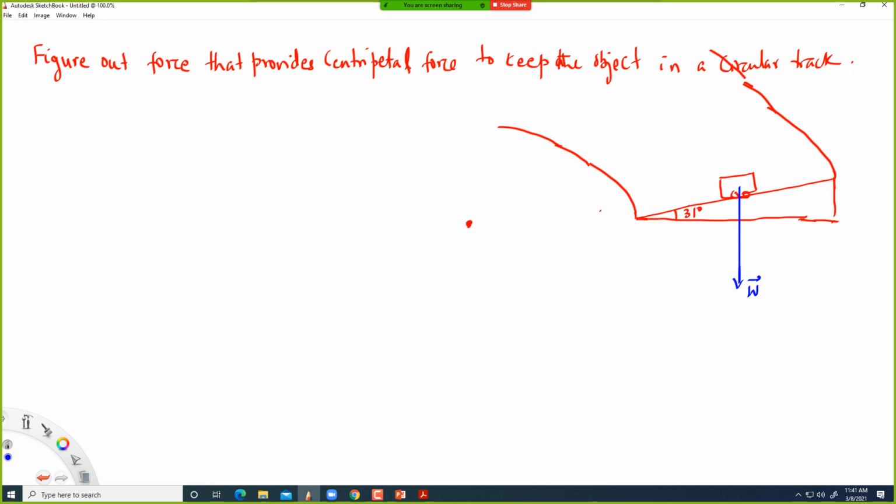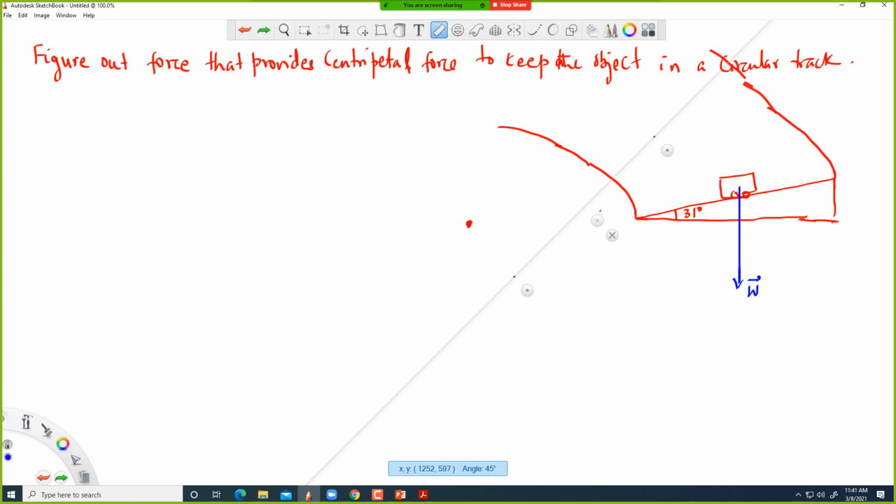So this is the surface, so this one should be perpendicular.